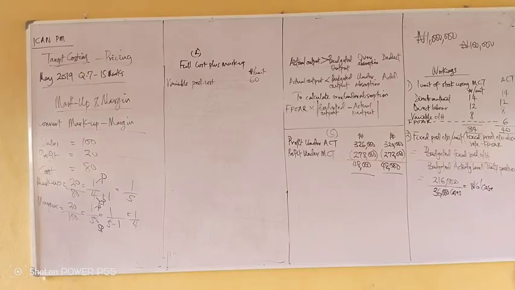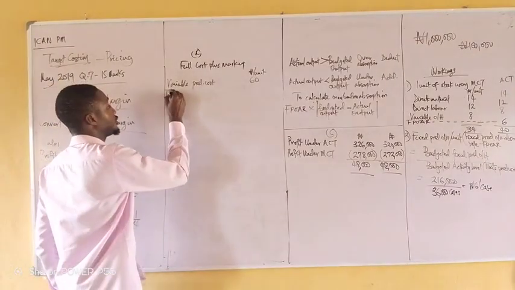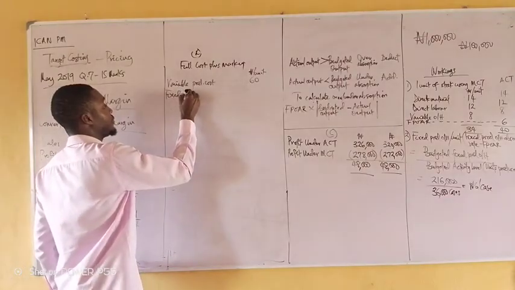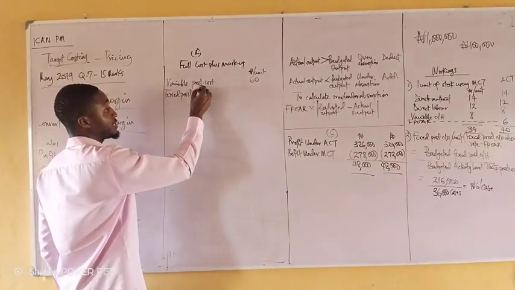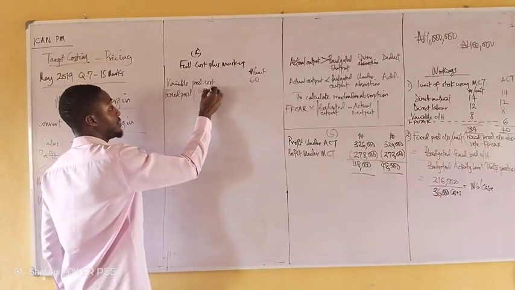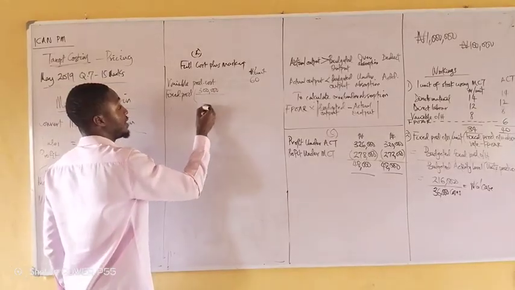So fixed production cost, we are adding it now because it's full cost, Abi. So we would have fixed production, but we cannot add the total to the units, so we have to convert the total to units. What's the total here? 300,000, Abi. How many units do we have?